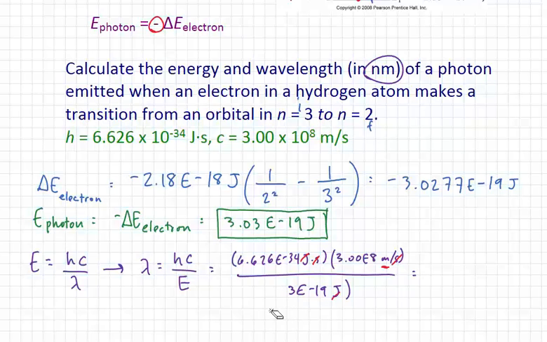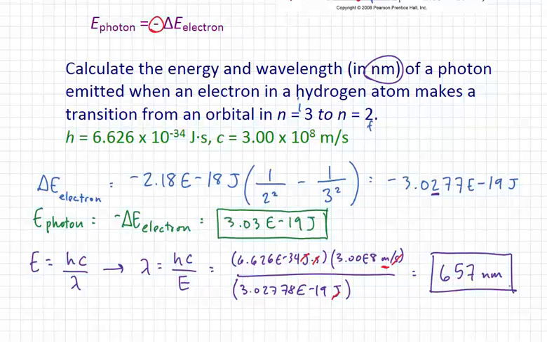If we were being good children, we would do 3.0277 in there, 778 or something like that. Keep a couple of extra sig figs. Anyway, but with the rounding, I got 657.